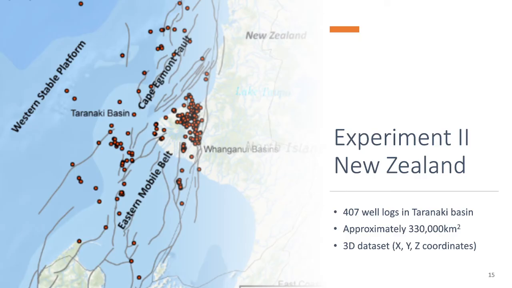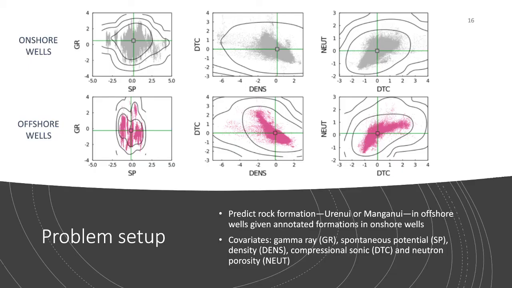In the second experiment, we get 400 well logs from the Taranaki Basin in New Zealand. In this case, the learning problem is the following. We define our source domain as onshore wells, and we have the following covariates to train the model: 5 logs, gamma ray, potential, DTC, density, and neutron porosity.